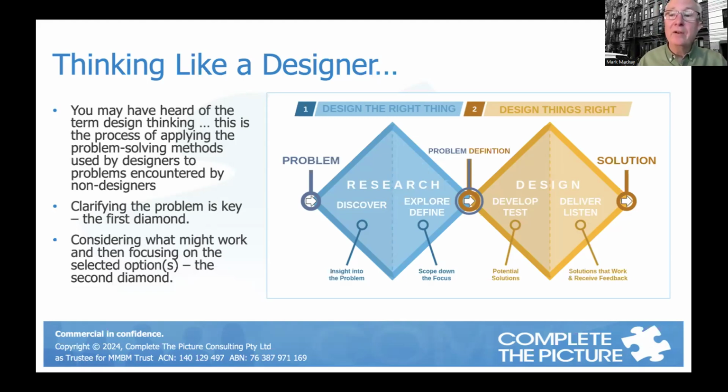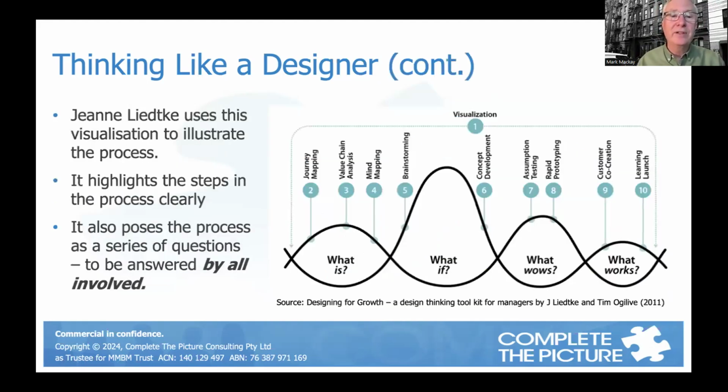That's not the only way of designing things or presenting this idea of thinking like a designer. Jean Litke is someone who's worked with some of my colleagues interstate, and she's based in the States. So she's come to Australia a few times. She's quite into the application of design thinking.